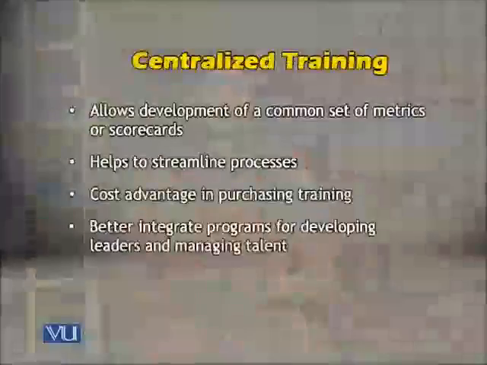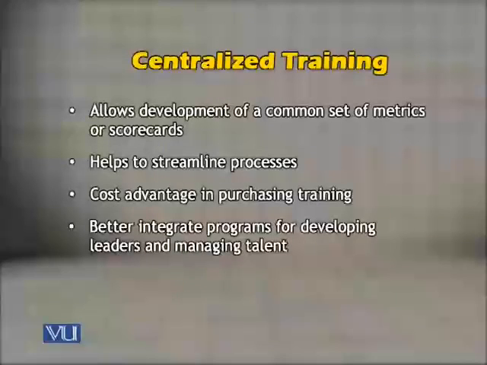So you can have more people trained in one place than you can have them trained in 4 different places or more than that. So if you have a decentralized training function, your cost of training will go up just by replicating the same type of training courses. So you can reduce costs by having a centralized training department.